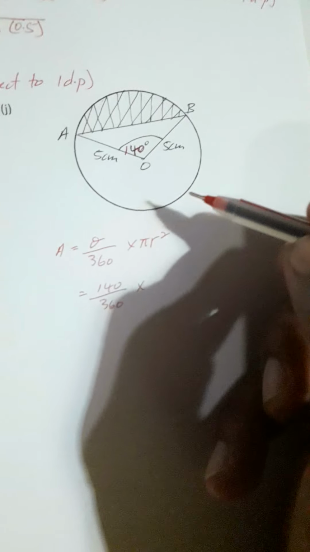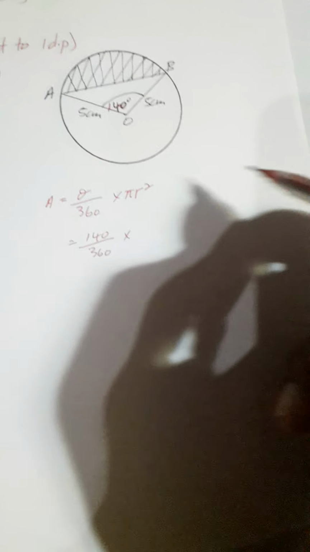So 140 divided by 360 times, in this question no value was given for pi, so I'll just use 3.14, times the radius r here, which is 5, so that will be 5 times 5. Remember, radius square means the number times itself. I can cancel out this 0 with that 0.